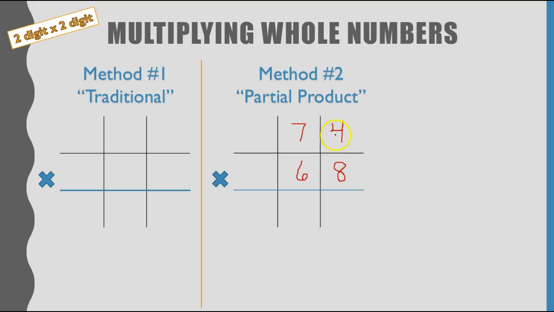So first I'm going to say 8 times 4 is 32, but I'm going to write the whole thing down. Then I'm going to say 8 times 7, but I can't say 7 because the 7 is really in the tens place, so that's really a 70. So 8 times 70 is 560.